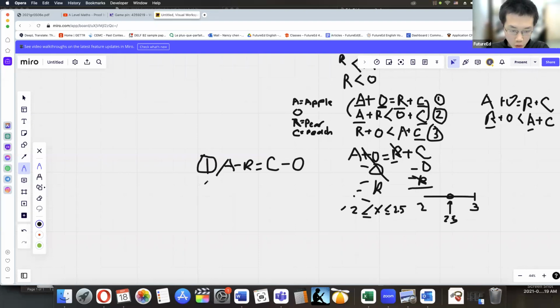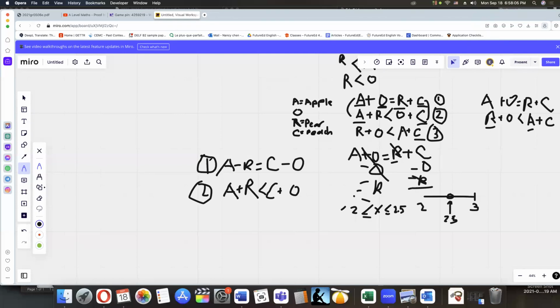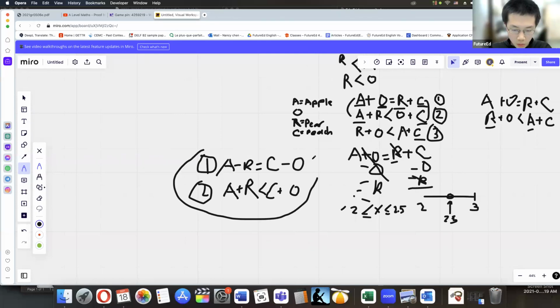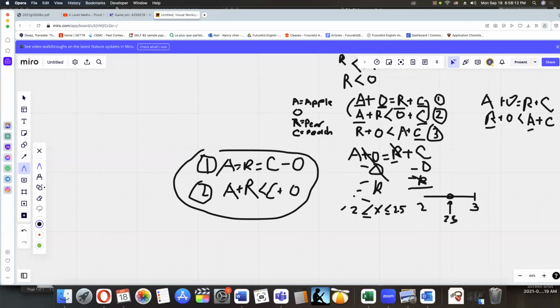But we also have equation 2, right? If we take equation 2, it says that A plus R is smaller than C plus O or O plus C, right? What if we add these two equations together? What happens?